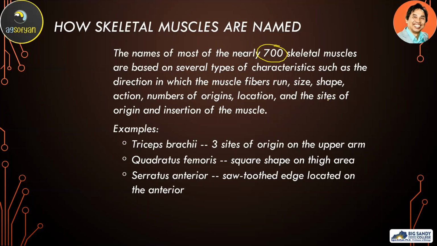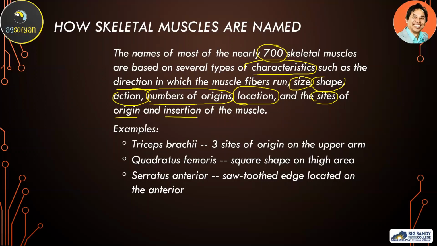How are they named? Usually they are named based on their characteristics: sometimes their direction, how they go, the size of the muscle, the shape of the muscle, the actions, the number of origins, and their locations can also give an idea about their name, as can the site of origin and the insertion.